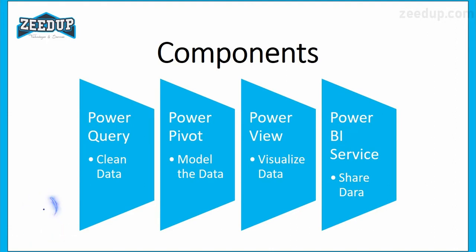We have a concept of slicers, which can be used for better slicing and dicing of the data so that only relevant data is visible in a dashboard or in a report. Reports created with the help of Power BI are interactive, which means we can interact with the entire report. We can customize the report once it's been created.